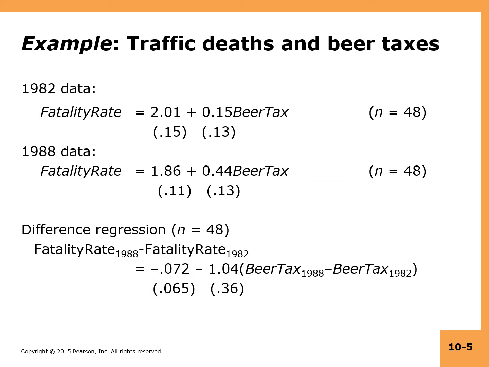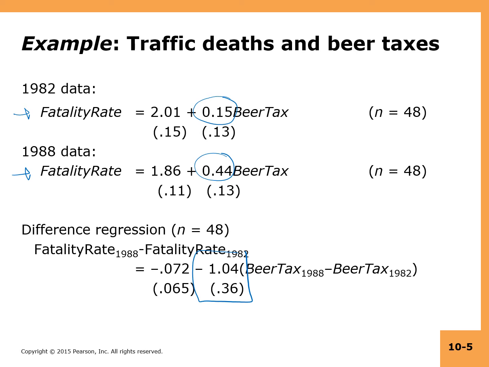Here we have estimated the coefficients using 1982 data and 1988 data. And as you've seen in the previous plot, the coefficient is positive, indicating that there's a positive relationship between beer tax and fatality rate. When you use a difference regression, where you subtract one from the other and estimate the coefficients using OLS, now the coefficient becomes negative, showing the relationship that we think is correct.